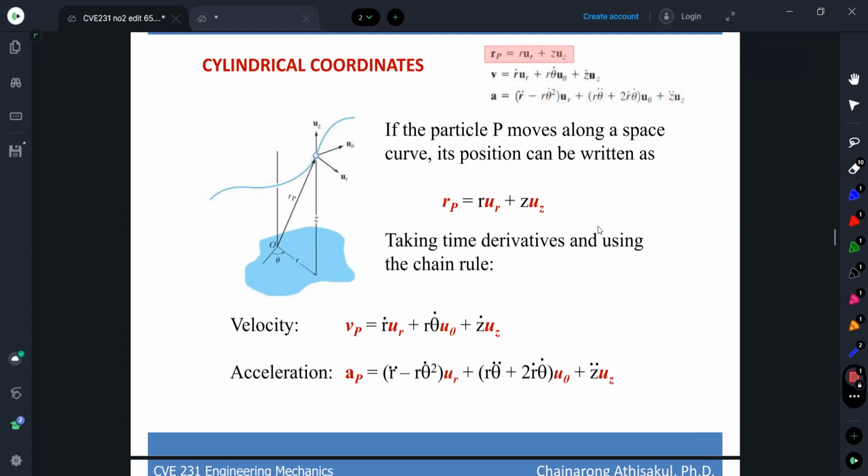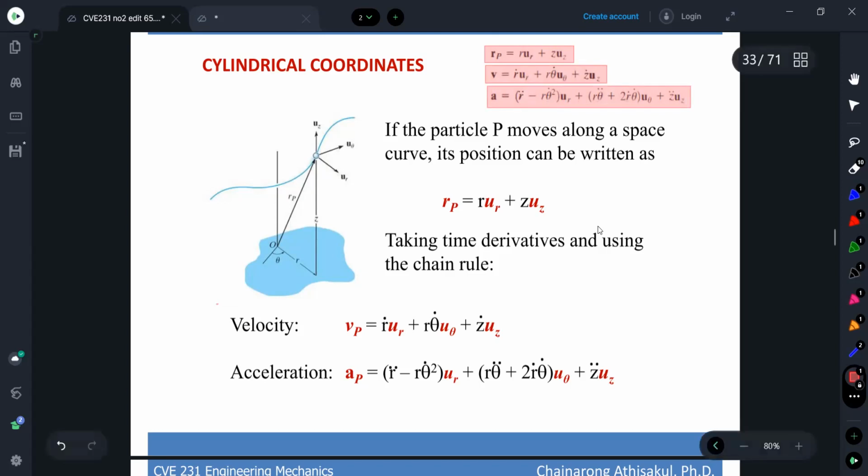After that we can derive the velocity vector, composed of the velocity in the r component, the theta component, and also the z component. Then we can determine the acceleration for the r, theta, and z components also.